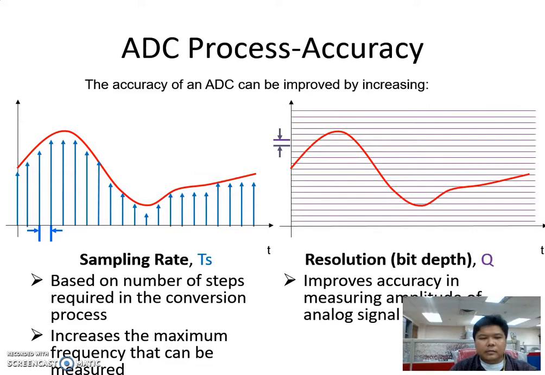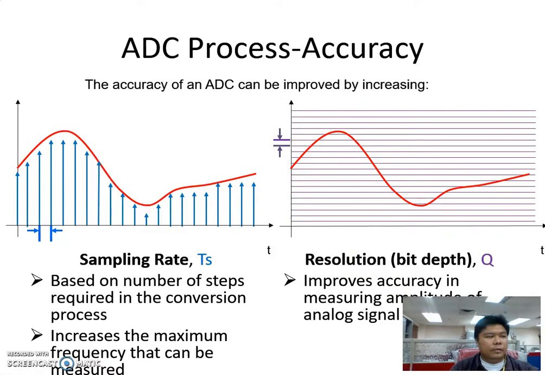In this graph, the left side is the sampling rate and the right side is the resolution, the bit depth. So when we have a better sampling rate and a better resolution bit depth, we have much better accuracy in changing from analog to digital.